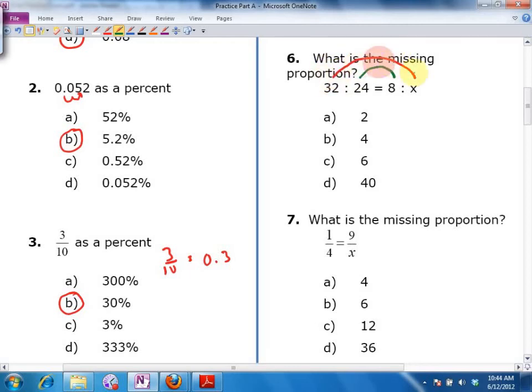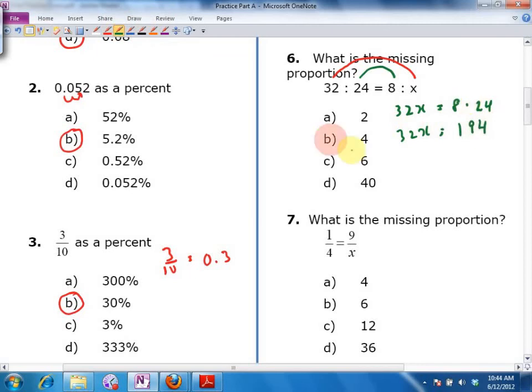So 32 times x is just 32x equals 8 times 24. And so I get my answer. And what's that? 32x equals 192. Okay, 192. And let's just make that a little bit neater.